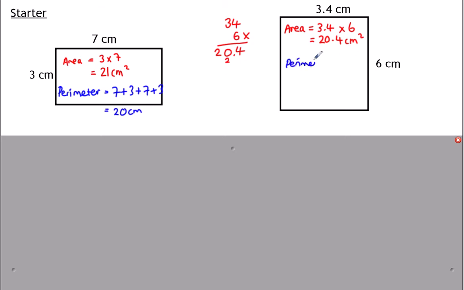And the perimeter then is 6, add 3.4, add another 6, add another 3.4, so it's 12 and 6.8. So that's 18.8 centimetres. Remember, perimeter is when you go around the outside, adding up as you go.